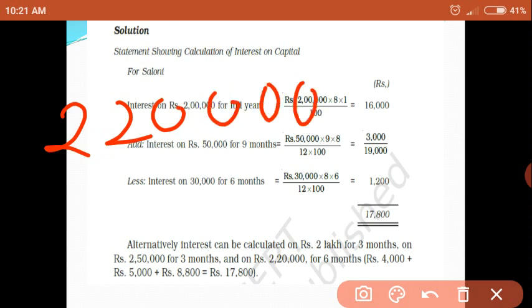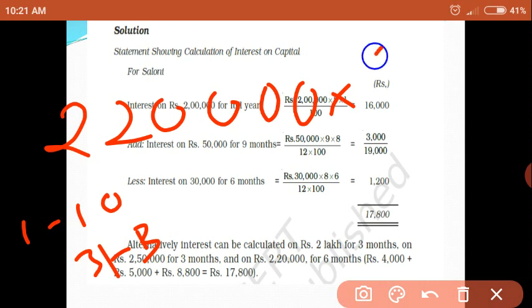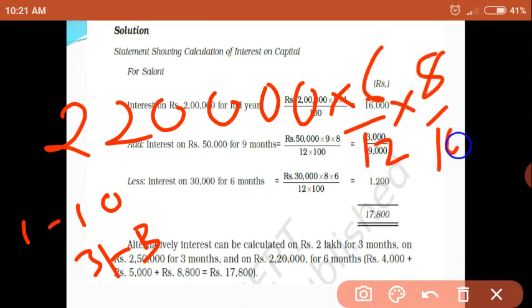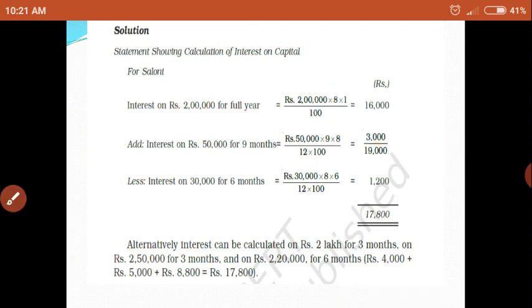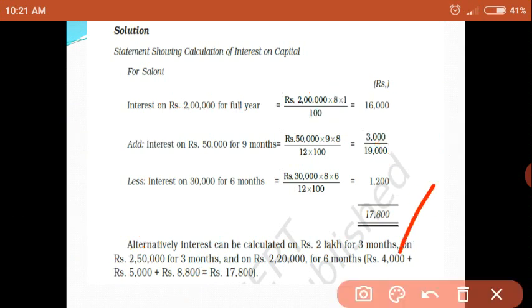For this 2,20,000 you have to calculate for 6 months, from 1/10 to 31st March, 6 months outstanding at 8%. So it becomes 8,800. Finally we add all: 4,000, 5,000, 8,800. You will get 17,800. This is the alternative method to calculate interest on capital.